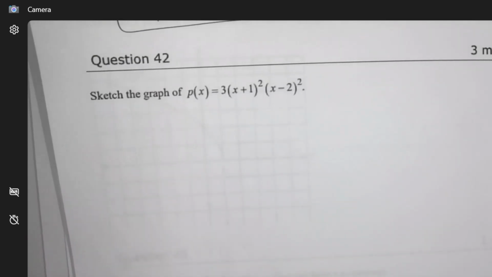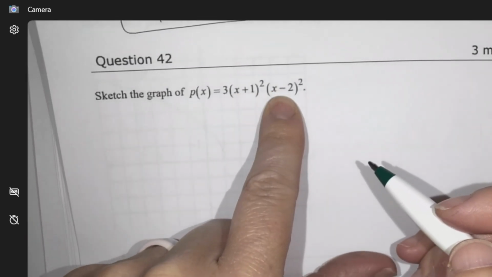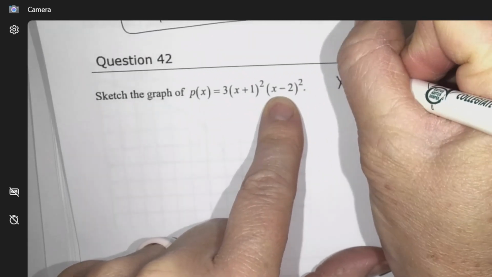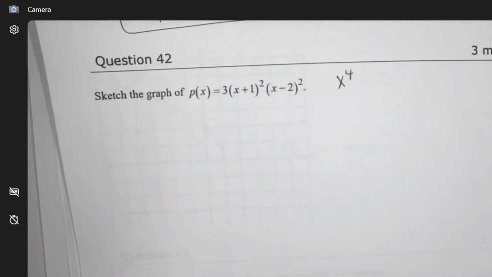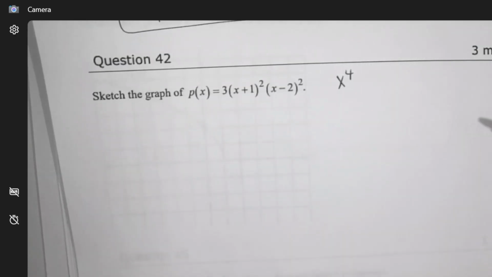Okay, sketching a graph of a polynomial. So first thing is how many timesers do I have with x? I have an x to the 4 altogether. What's the idea of the shape?